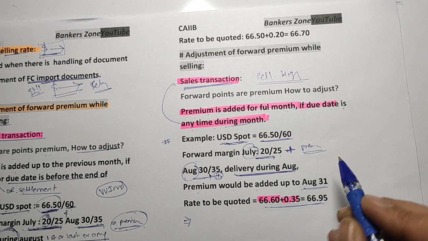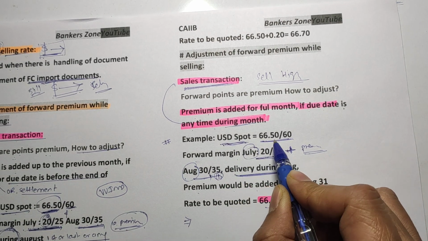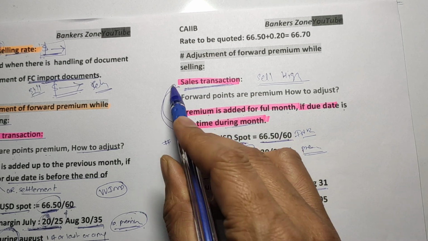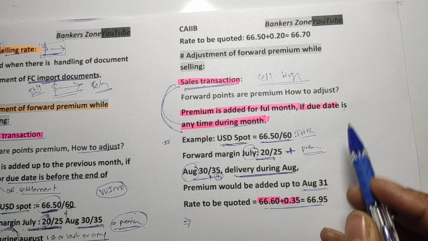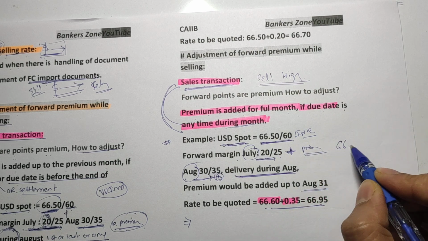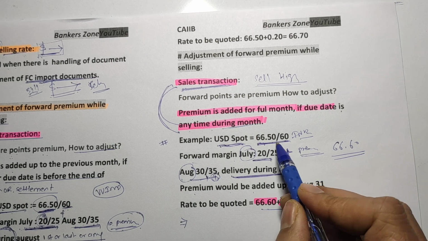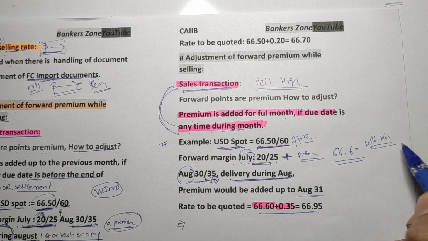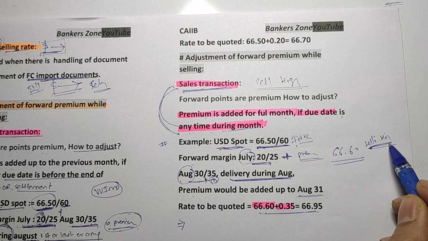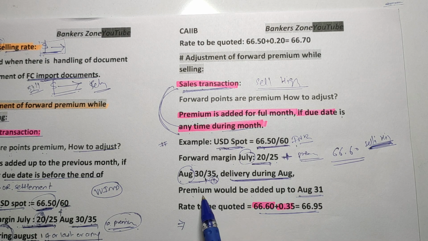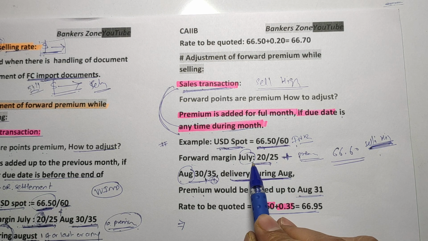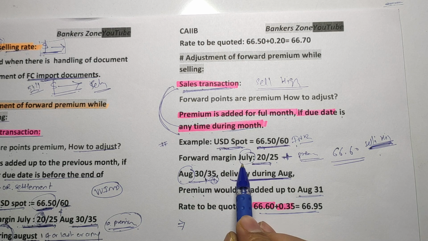Why? Because see friends, they have given spot rate 66.50 and 66.60 INR, right? This is the sales transaction, and in case of sale our target is sell high, so we will take the highest rate, that is 66.60. We are selling high, and as we are selling high, remember, we have to add the maximum. So in case of selling, if the delivery is during the month, we have to add the premium of the full month, that is in this case we will add the premium for not only July but up to August.